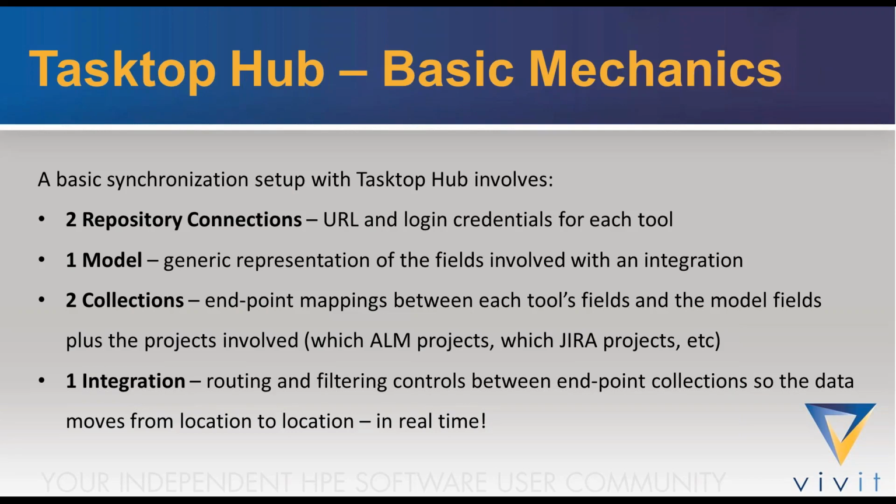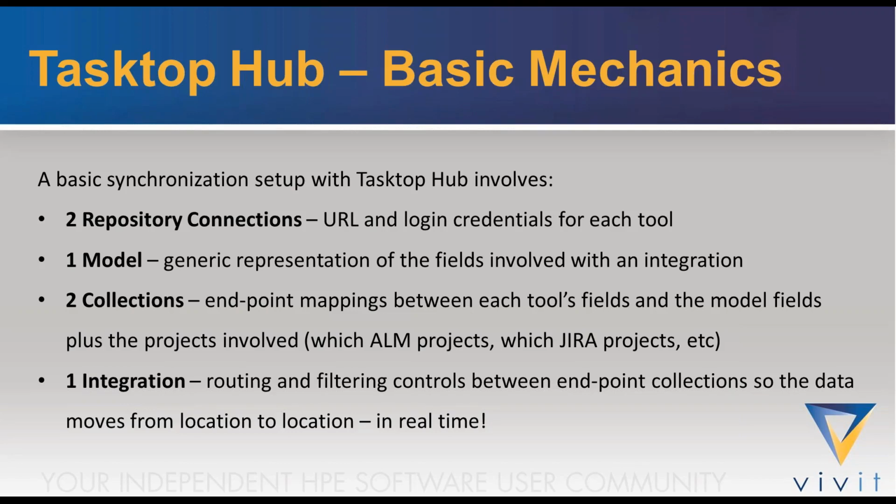And the collections also are where you indicate what ALM projects, what Jira projects. Maybe you have just one project in each, maybe you've got multiple projects. And if you have multiple projects, then when you set up your integration between your ALM and your Jira using your collections, which are pointing through your model, and using your repository, then the integration is where you can set up the routing controls.